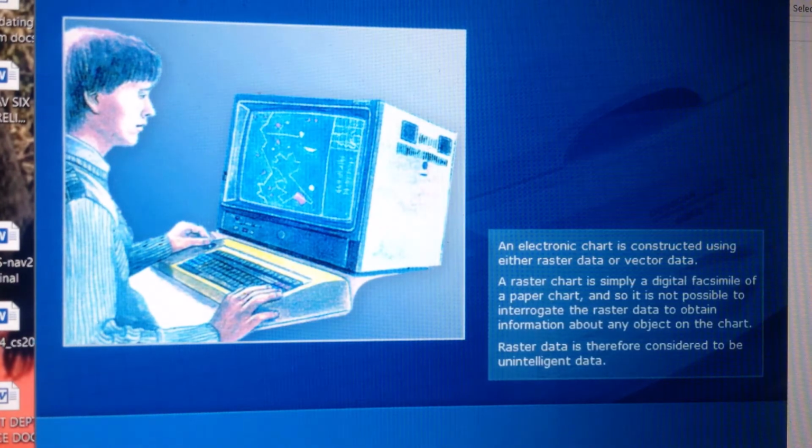A raster chart is simply a digital facsimile of a paper chart, and so it is not possible to interrogate the raster data to obtain information about any object on the chart. Raster data is therefore considered to be unintelligent data.